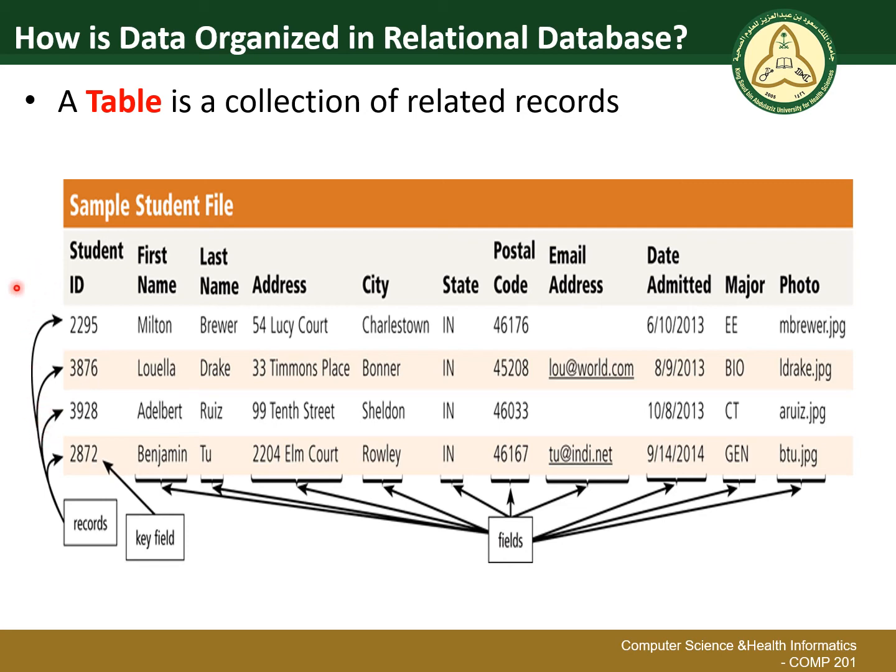So all of the data here are student data. This is the relationship between the records. All of them are students, and the multiple related records will make the table. Here, this is a record, and this is a record, and here we have another record. The key field or the primary key will be the ID, the student ID, and we have multiple fields.